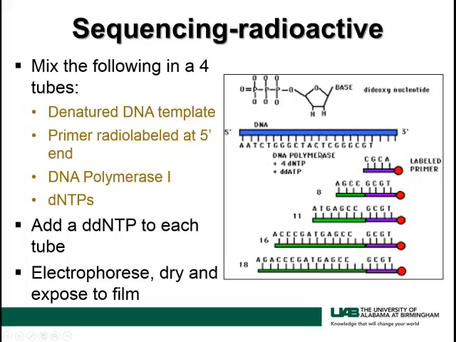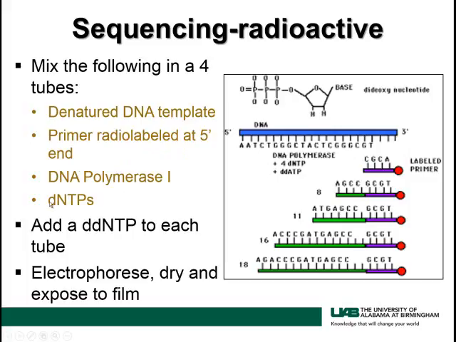So what you do is you mix the following. In 4 tubes, you set up 4 tubes, and in each tube, you mix in DNA template, which is denatured, and a primer that is radio-labeled at the 5' end, with P32 often used.